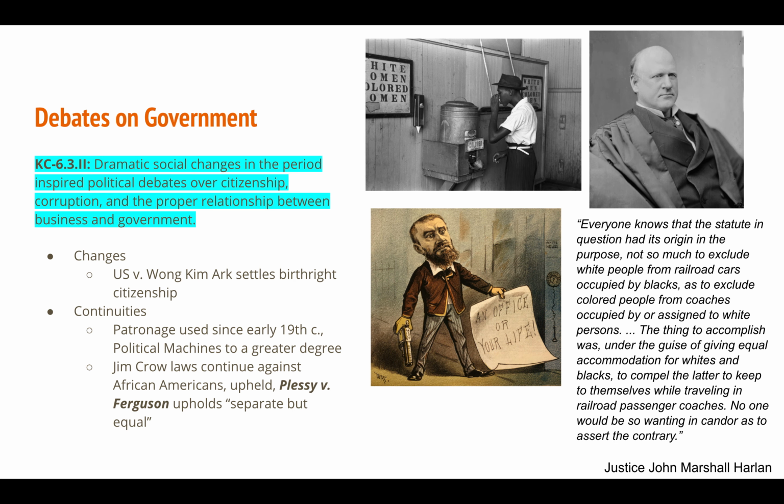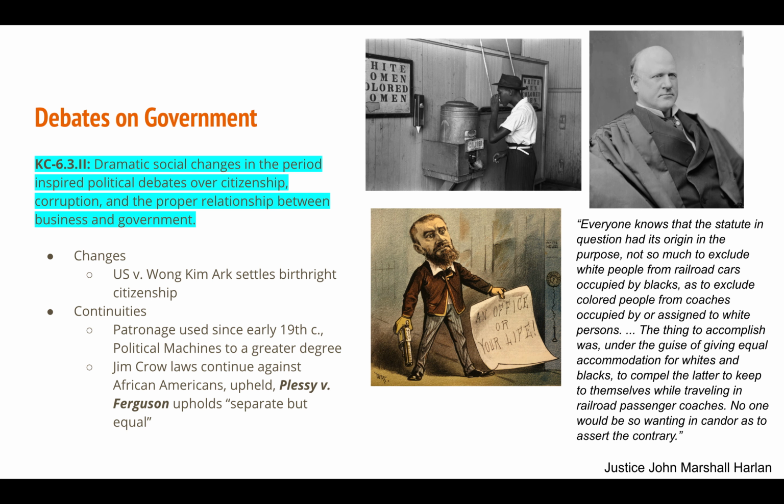So dramatic social changes in this period inspired political debates over citizenship, corruption, and the proper relationship between business and government. One of the biggest changes is that we have a settled response from the Supreme Court about birthright citizenship in the court case U.S. versus Wong Kim Ark.